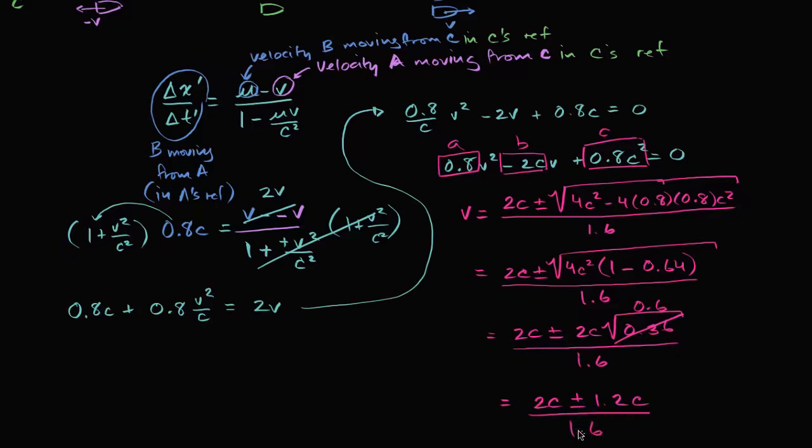So we got two possible values for v, but if we do the plus up here, you're going to end up with 3.2c divided by 1.6, which is going to be a velocity greater than the speed of light. So we can rule out the positive version of it. So we know the answer is going to have to be the negative version. So 2c minus 1.2c over 1.6, which is equal to 0.8c over 1.6. Well, 0.8 is half of 1.6. So this is 0.5c.